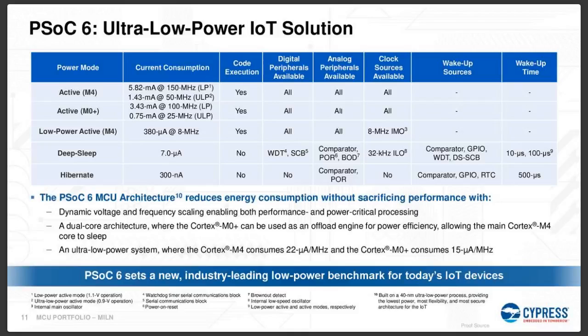There are a variety of different wake-up sources for all of those. Obviously, when it's running you're not sleeping, but in the sleep modes, particularly deep sleep and hibernate, you have comparators that can wake up, GPIO that can wake up, and you can even wake up on the real-time clock. So there are a lot of different options for waking up and different power modes.